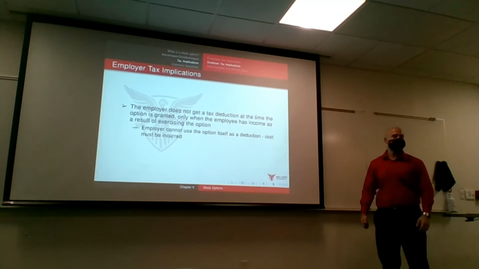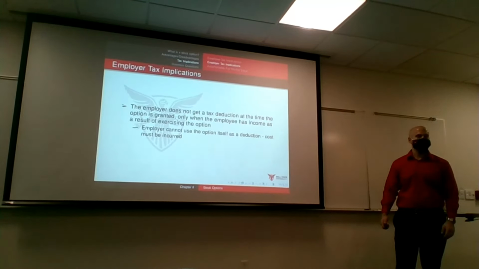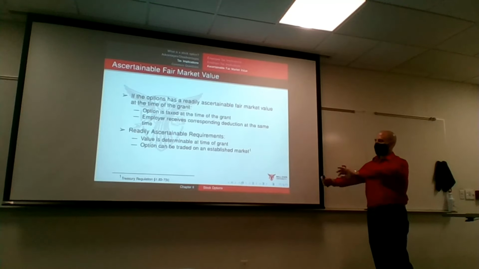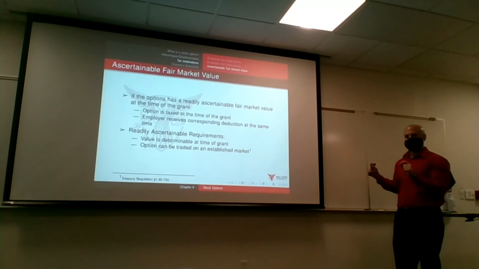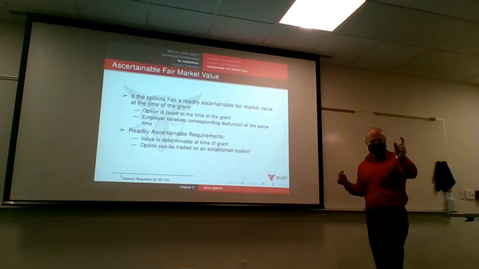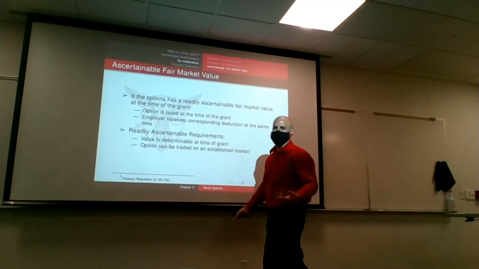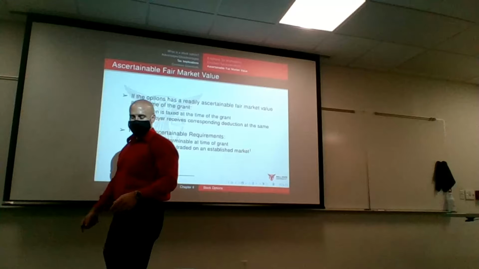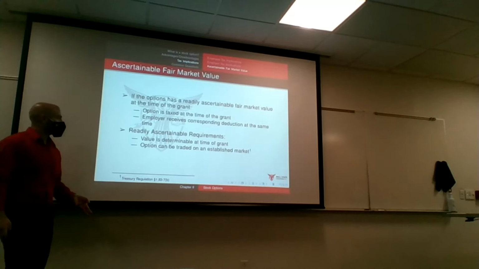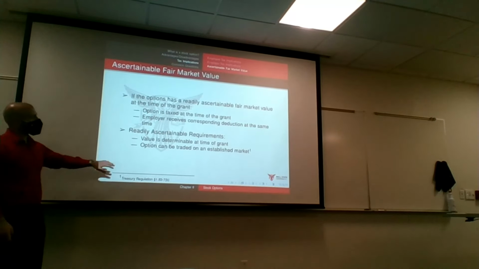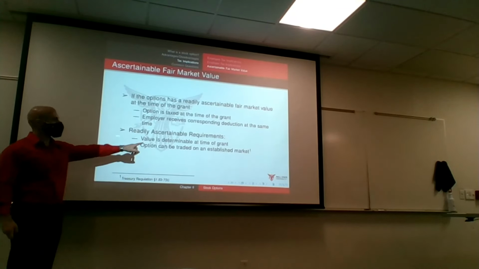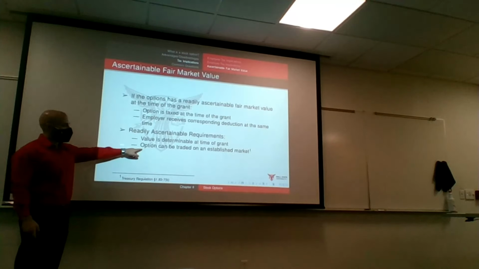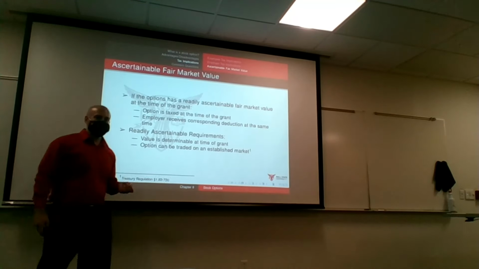So what do we mean by fair market value ascertainment? Some things can limit us there. If it has a readily ascertainable value, we can then tax it at that point, and the employer gets that net deduction. Okay. And that's mostly the norm. It's most of it. Now, it's required that we know the value when it is granted, and it needs to be able to be traded on an established market.